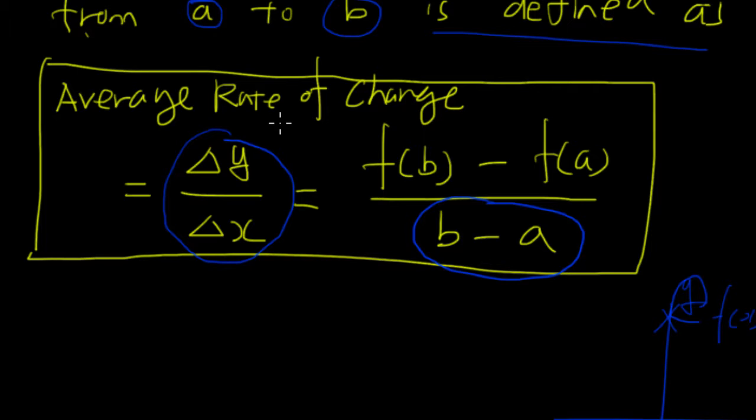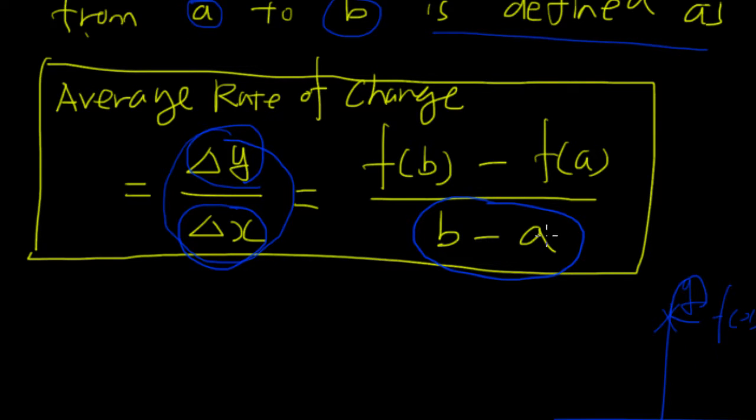What was it? Yes, same thing as slope. Remember, the change in y over change in x, same thing. So what is the average rate of change? It's basically a slope. It's the same thing. Difference in y over difference in x.